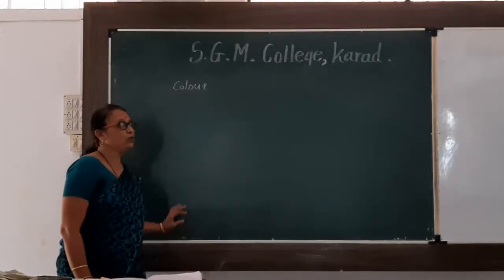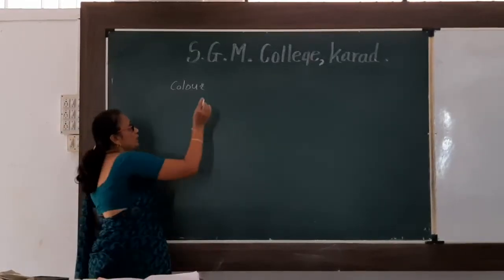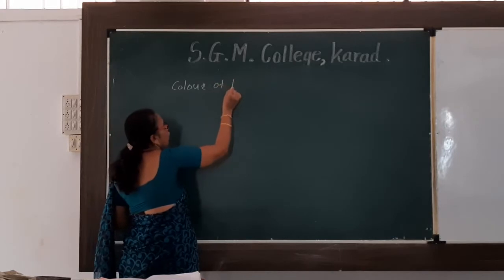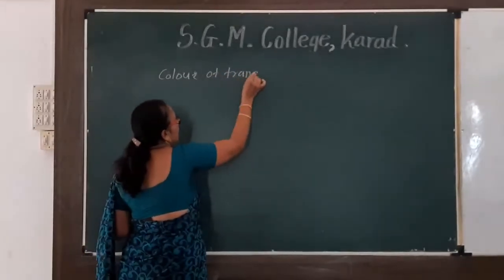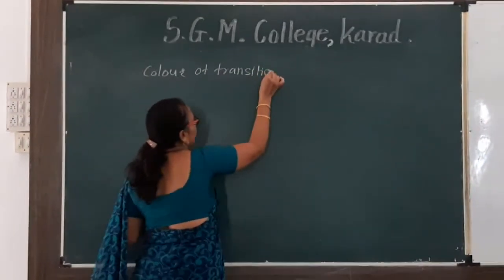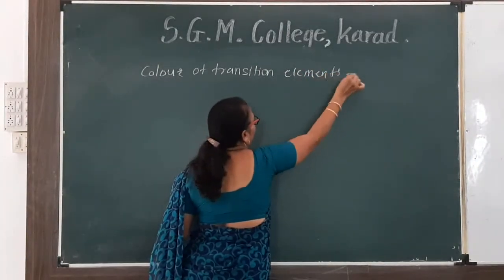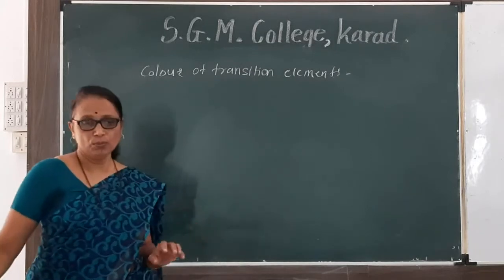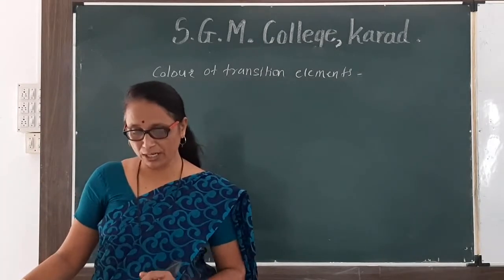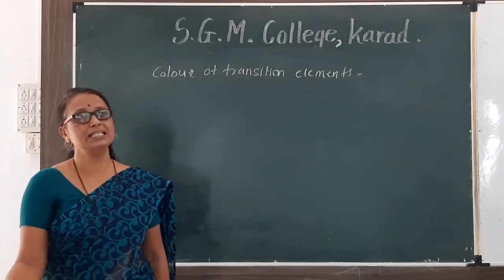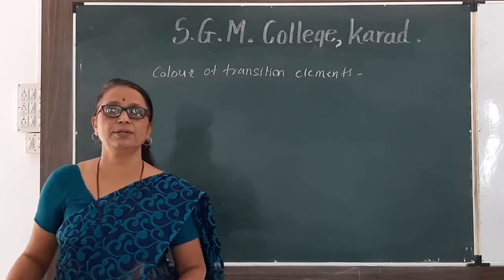Next property we are going to see of transition elements is the color of transition elements. Most of the ionic and covalent compounds formed by the transition elements are colored.